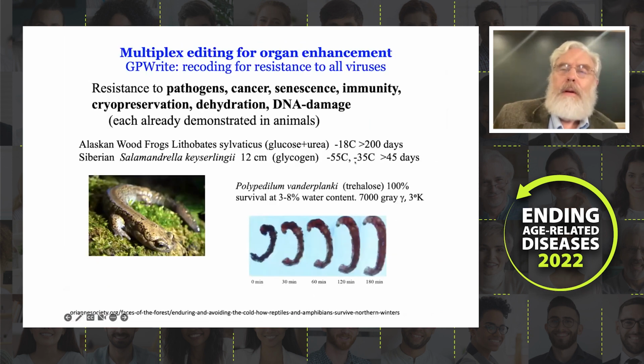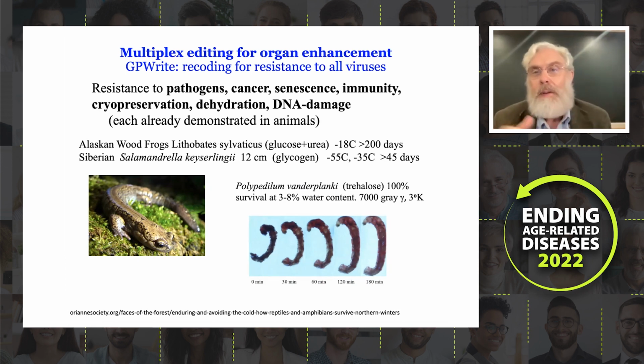So what about extending this from just dealing with the need for organ donors to actually an organ enhancement? You don't want the transplanted organ to be causing problems. So you actually want it to be a little bit better than average organ.